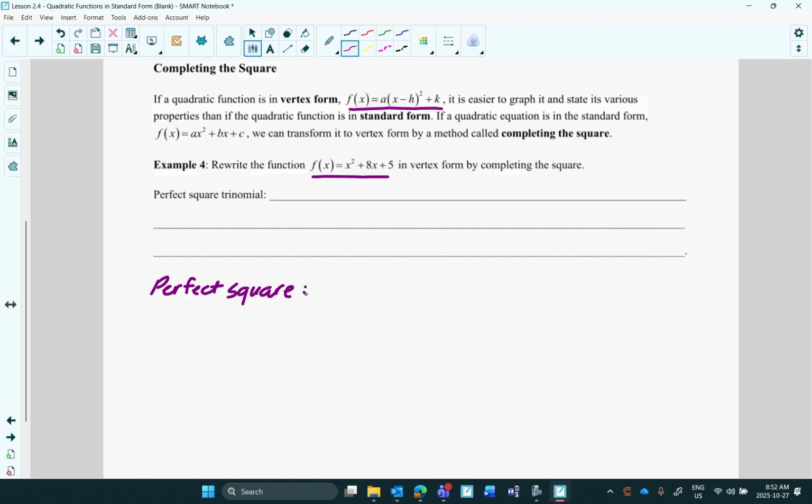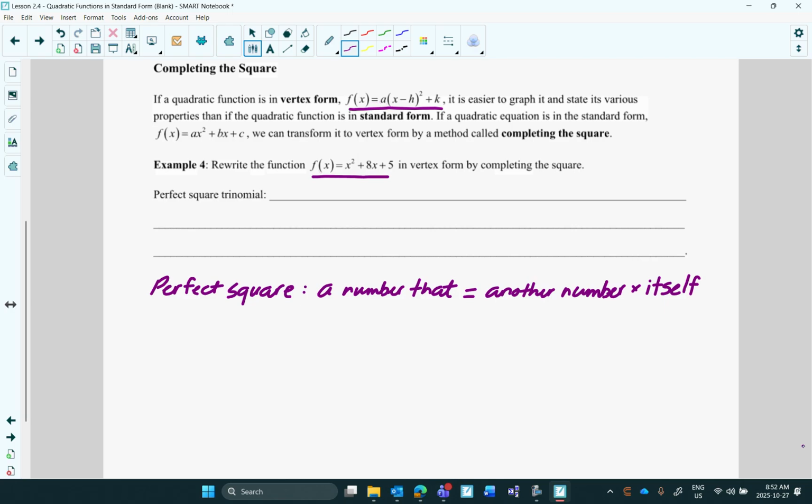Okay, so a number that equals another number times itself. So yes, 16 is a perfect square because 4 times 4.